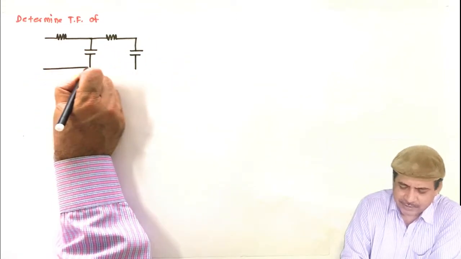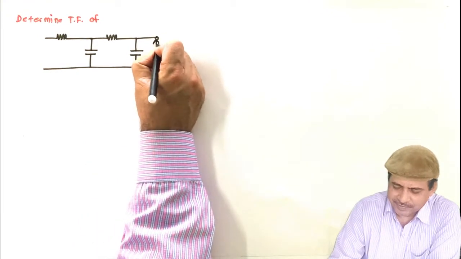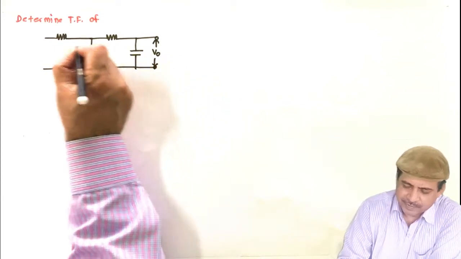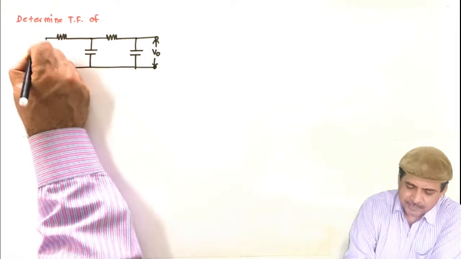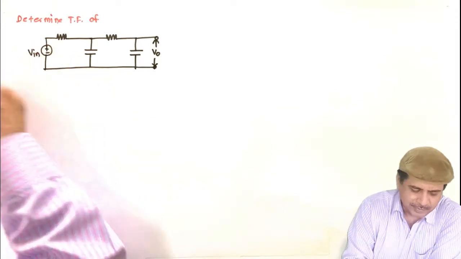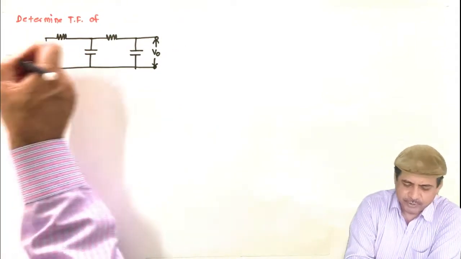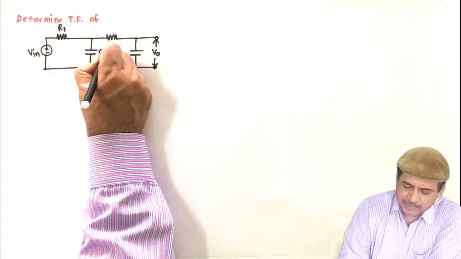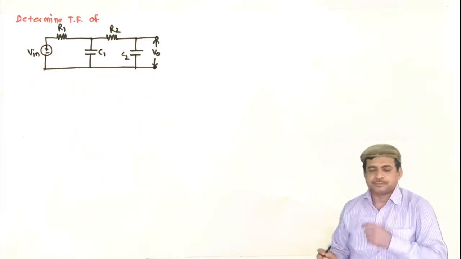It is often asked in various examinations. Transfer function of this system, where input is V in, output is VO. So let this be R1, C1, R2, C2.